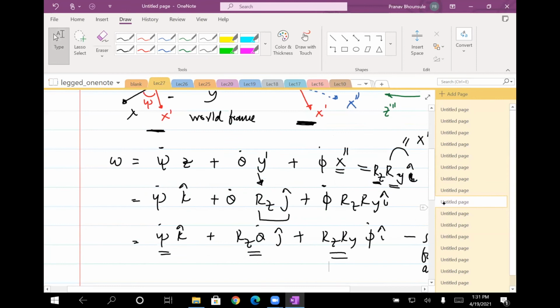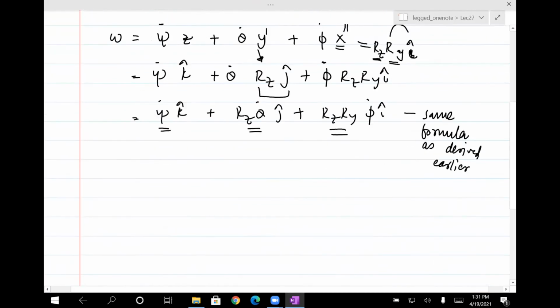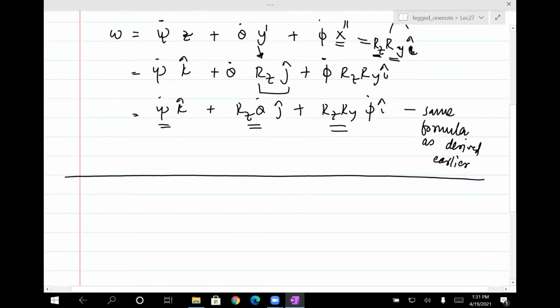Where was I? Okay, so we got that. Now, a few things. This is about when you're doing these calculations for more complex robots. This is just 3 rotations. If you want to do this successively, there are n rotations or n transformations. Then you can actually do this calculation. There's a formula which relates this.